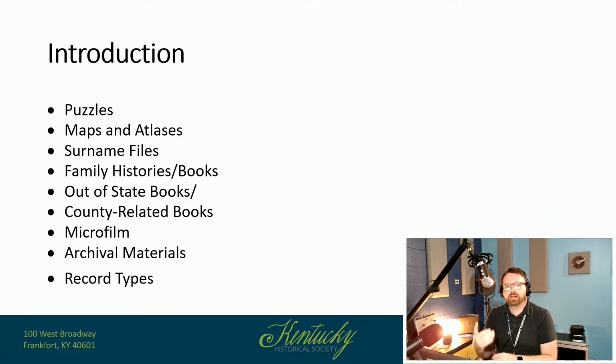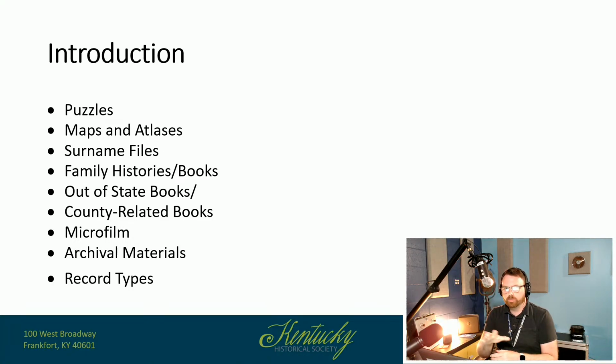And so some different types of documents or records that you may find here at the Kentucky Historical Society or other institutions could be anything from maps and atlases, surname files, family histories, and books that are relating to that. There's also county-related books and materials. And I know here at the Kentucky Historical Society we do have a section in our open stacks that is alphabetized by county.